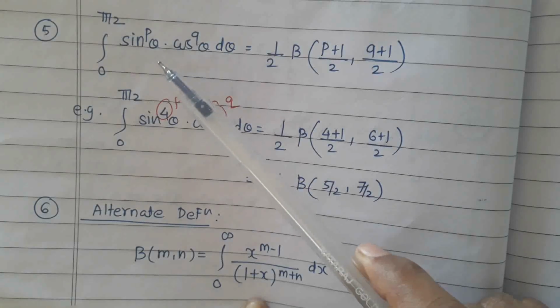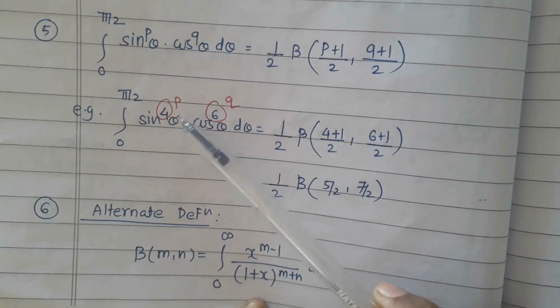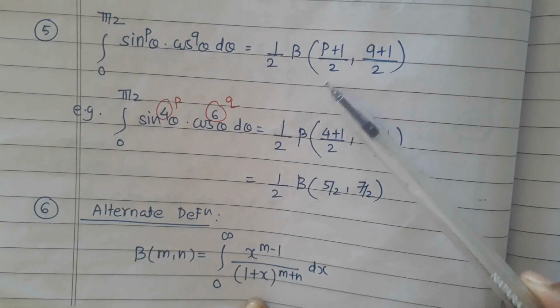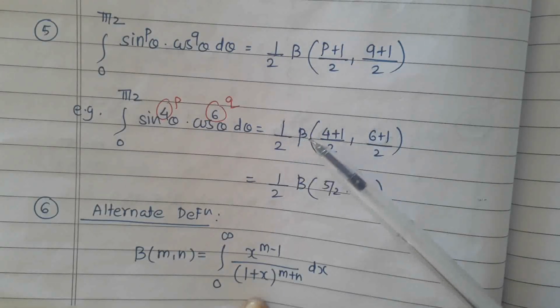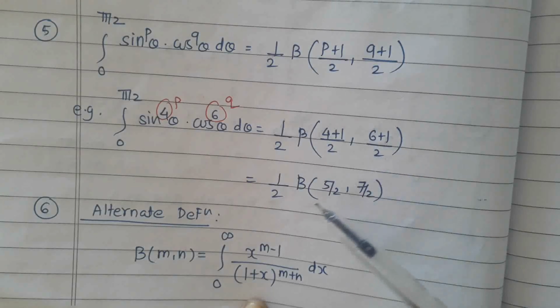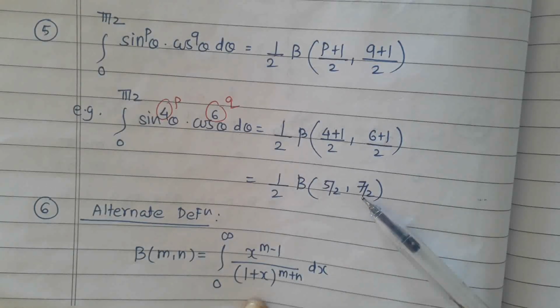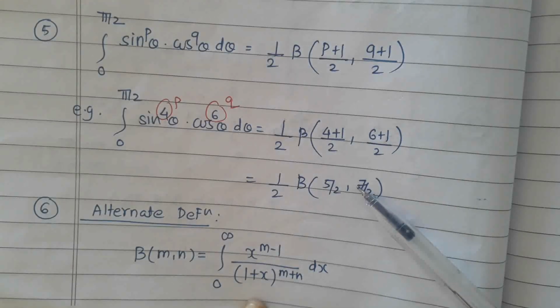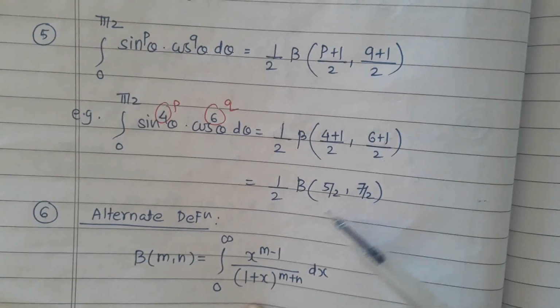Compare the values of p and q. p is equal to 4, q is equal to 6. Place these values in the RHS, it is equal to 1 by 2 beta((4 plus 1) upon 2, (6 plus 1) upon 2). So the integral can be written in beta notation as 1 by 2 beta(5 by 2, 7 by 2).